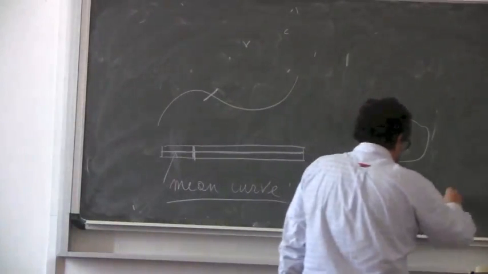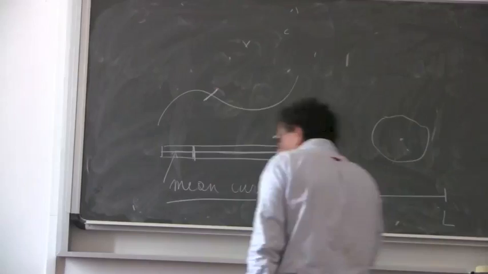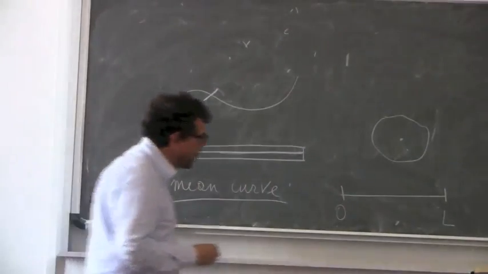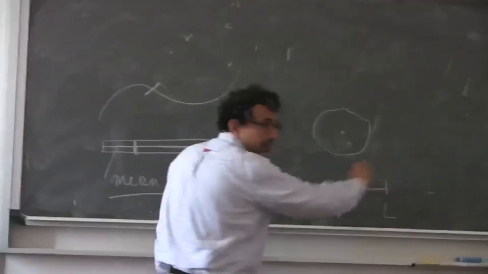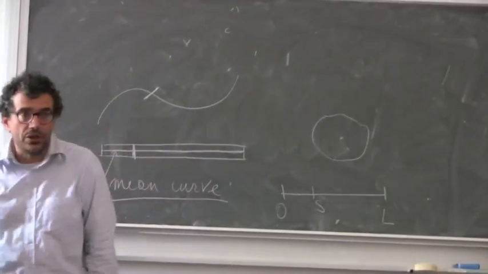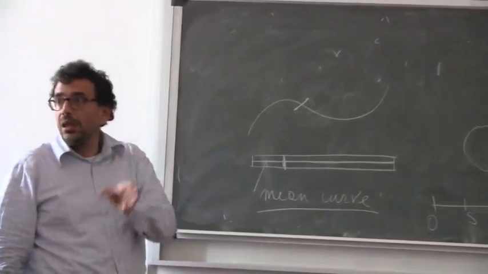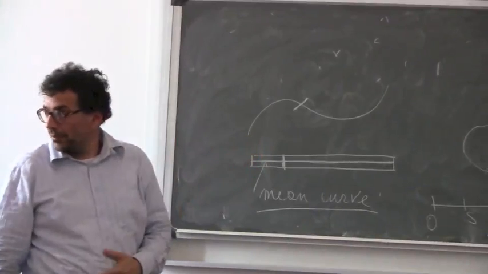How am I doing it? The beam is long L. I choose a curvilinear abscissa S in the reference configuration, and I label every section with the label S, small s.